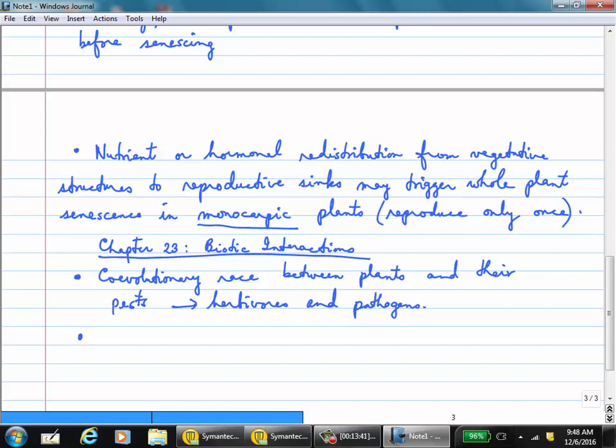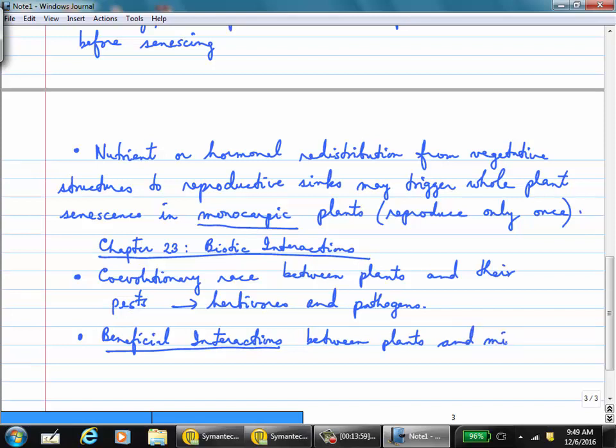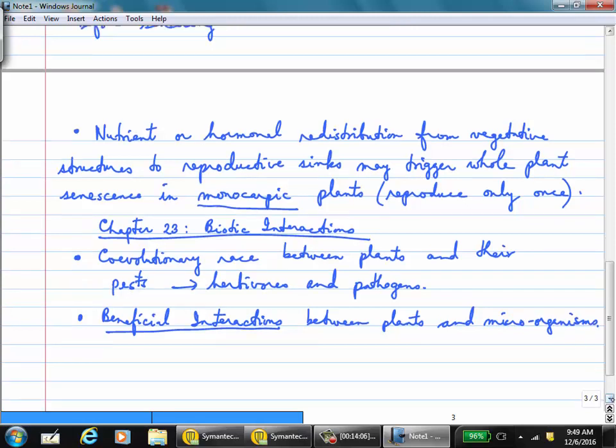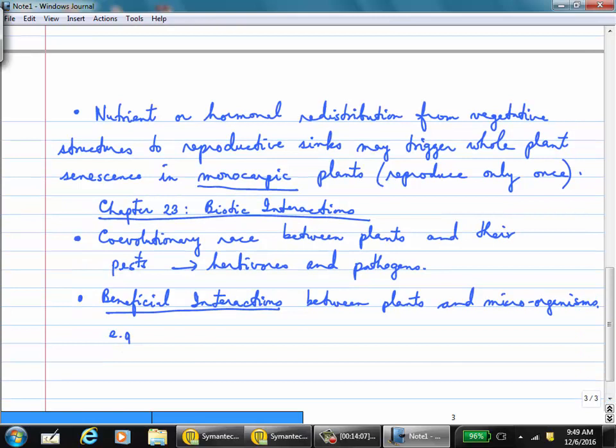So beneficial interactions between plants and microorganisms are there, and examples are nitrogen fixing bacteria.